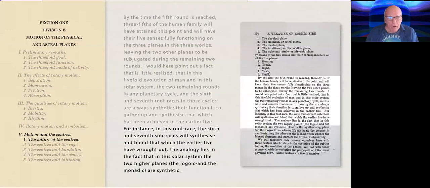Next, for instance, in this root race, the 6th and 7th subraces will synthesize and blend that which the earlier 5 have wrought out. The analogy lies in the fact that in this solar system, the two higher planes, the logoic and the monadic, are synthetic.